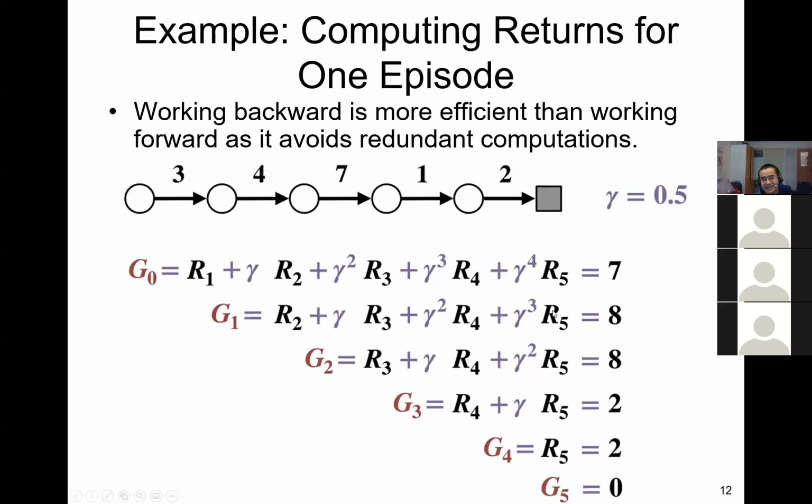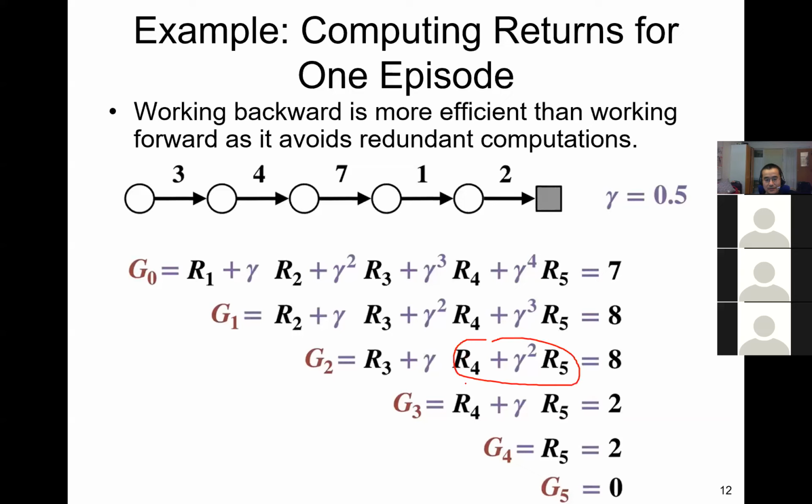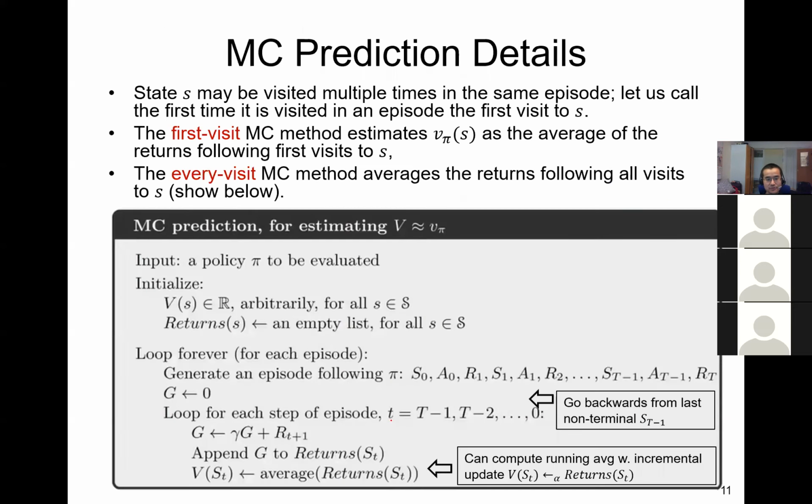You can do the computation this way, or you can plug in G3 for this latter term. So by working backwards, you can do less computation. If you go forward, it's fine. If you go forward, you just simply recompute everything at every step. But if you go backwards, you can reuse some of the computation. So that's why in the pseudocode, you go backwards.